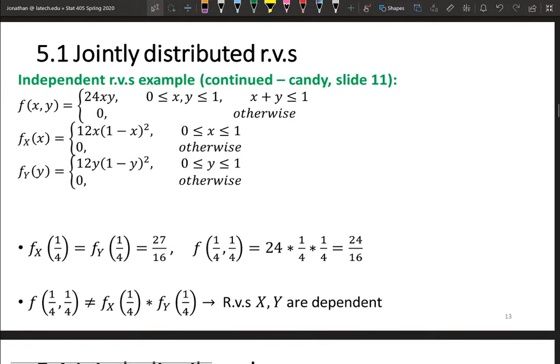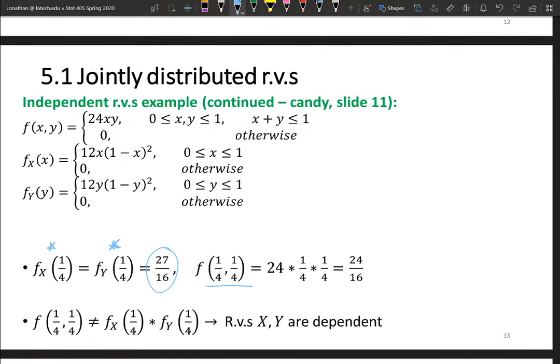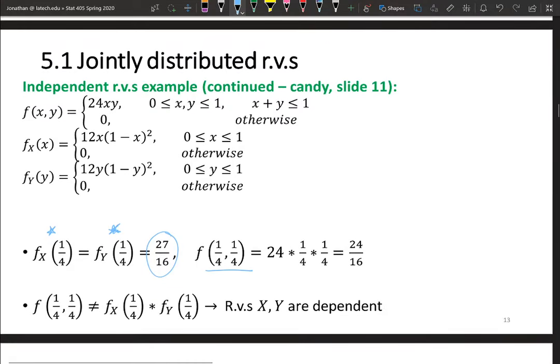And are these things independent? Well, I don't think so. So f sub x times f sub y. Let's evaluate them at different points right here. So we look at f sub x at 1/4 and f sub y at 1/4, and they're both 27 over 16 because they have basically the same format. And if we plug in the same value, it's going to give us the same number, 27 over 16. Now we look at f of 1/4 comma 1/4. Well, that's 24 times x times y, which is 24 over 16. Well, 24 over 16 is not 27 over 16 quantity squared.